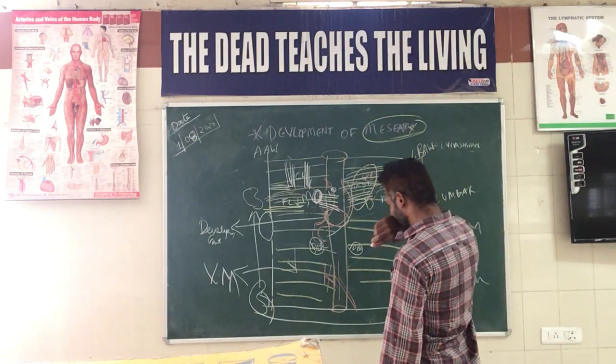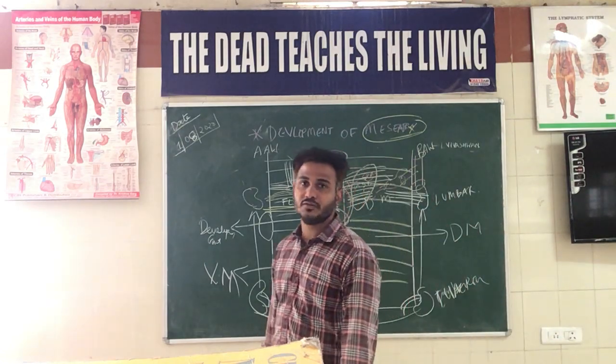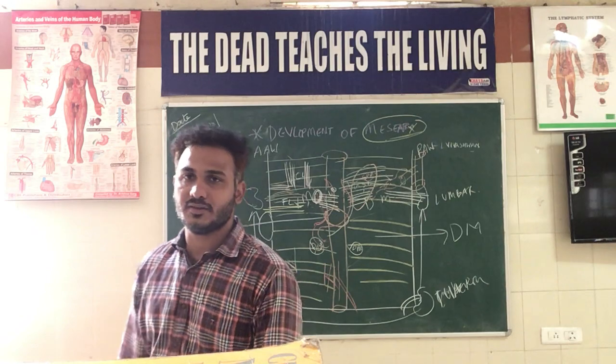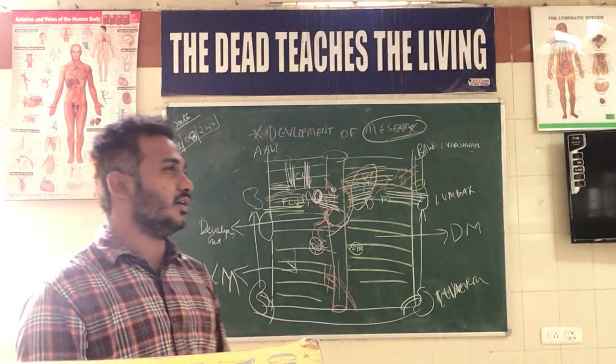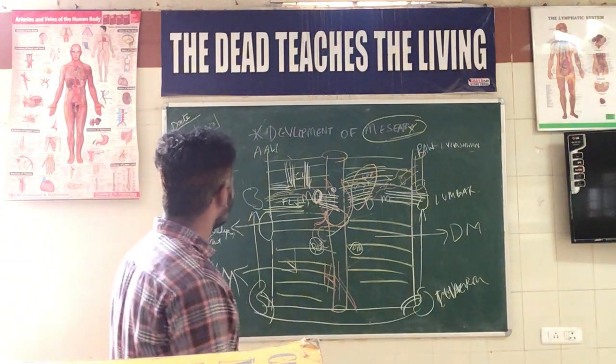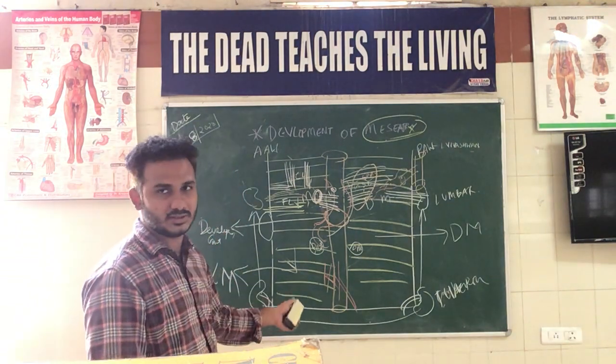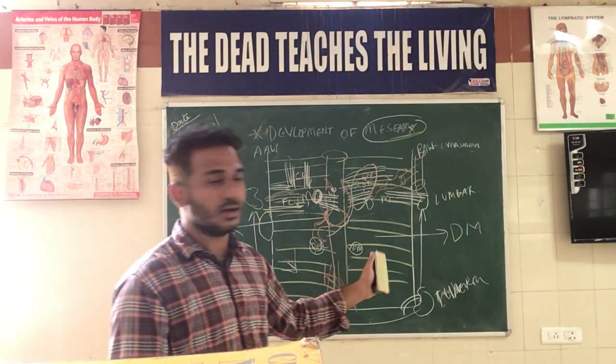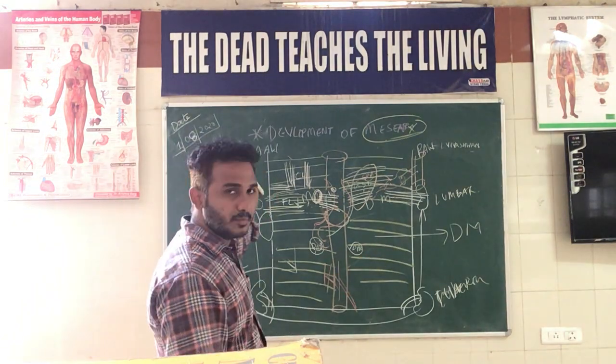There is a tricky question which is often framed by examiners in various competitive exams. In one recent NEET examination, it was asked which ligaments of the liver are not developed from the ventral mesentery.